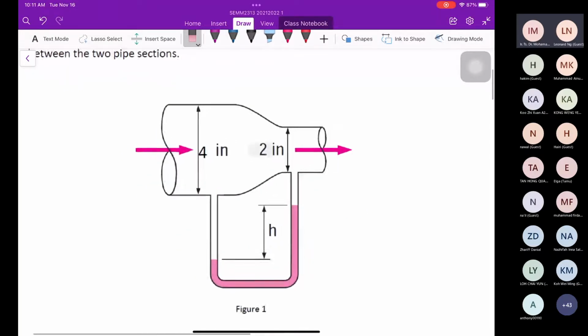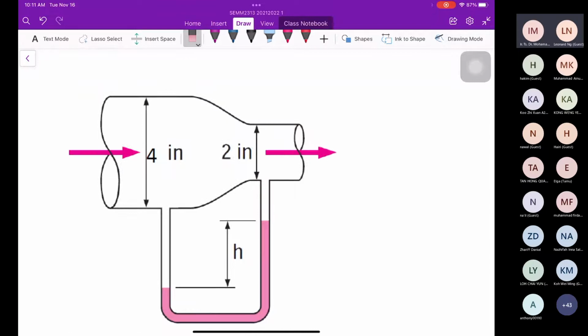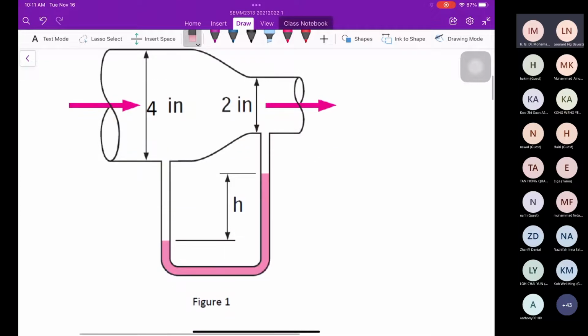So, let's start with the Bernoulli equation first. I want to investigate what the value of H is. Now apply the Bernoulli equation at point 1. For example, this is point 1, and this is point 2, just above the tube.